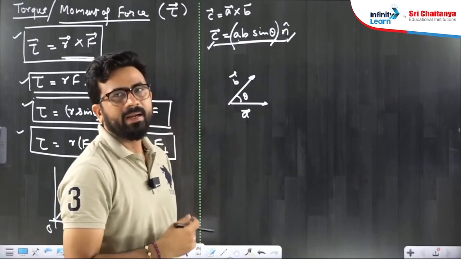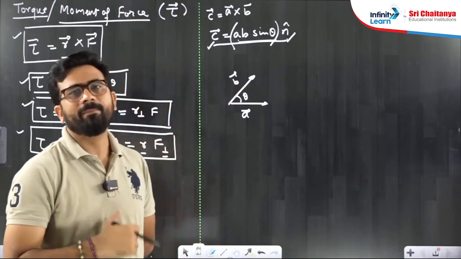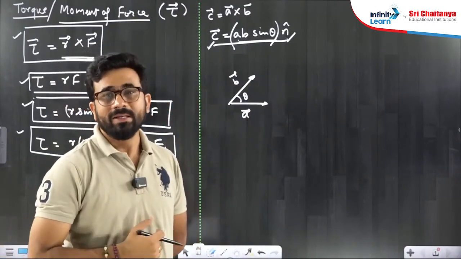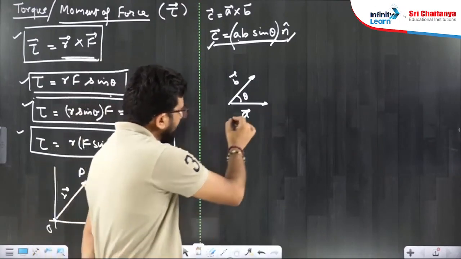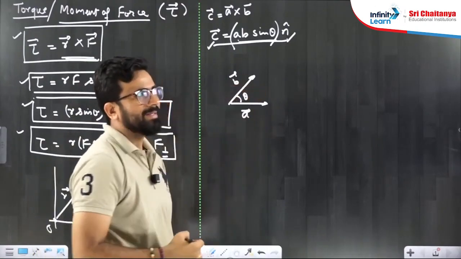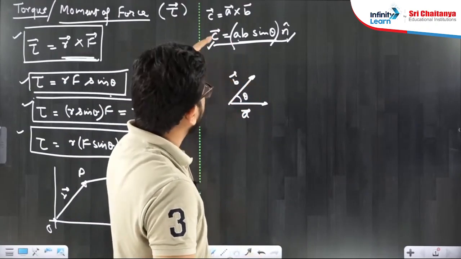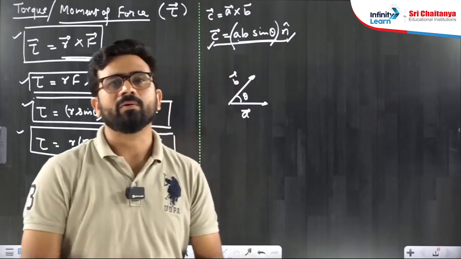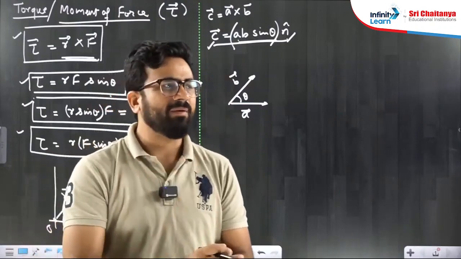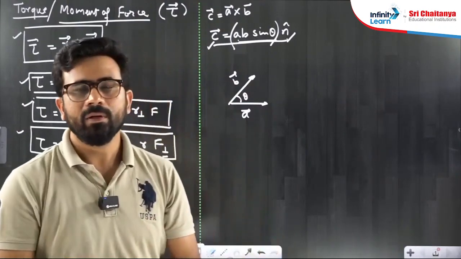What is the n cap? N cap is nothing else, it is a perpendicular vector or normal vector, perpendicular to A vector as well as B vector. That means this n cap, or we can say C vector, is perpendicular to A vector as well as B vector.